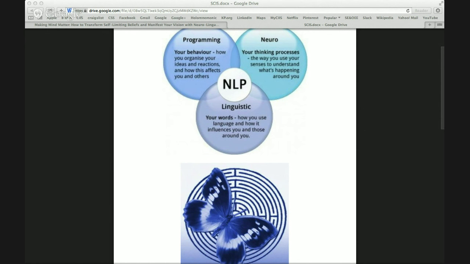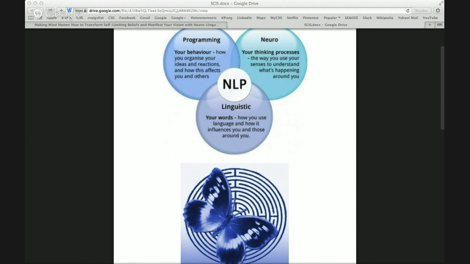And below that NLP diagram is a beautiful image I found of a butterfly. And if you look at it quickly, you might not realize, but the butterfly is overlaid on top of a labyrinth. And I've always loved the labyrinth as a metaphor, because it's not a maze.